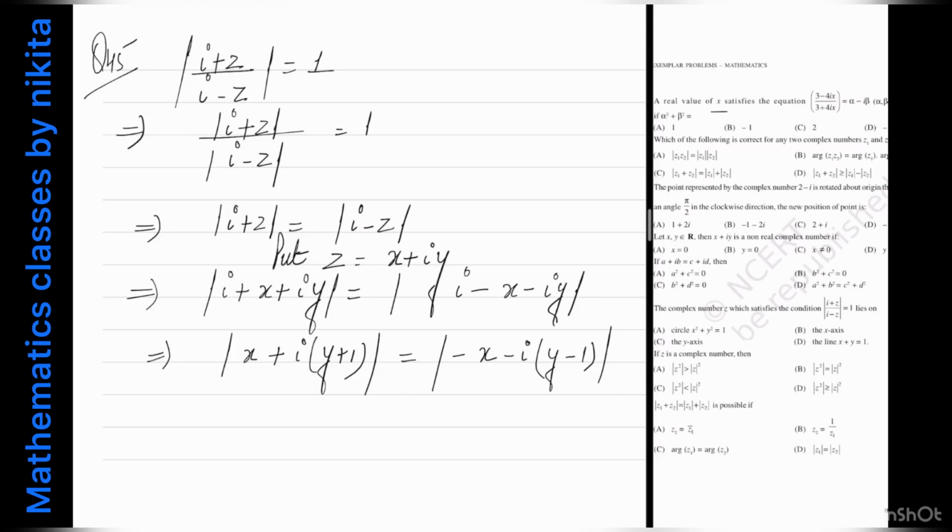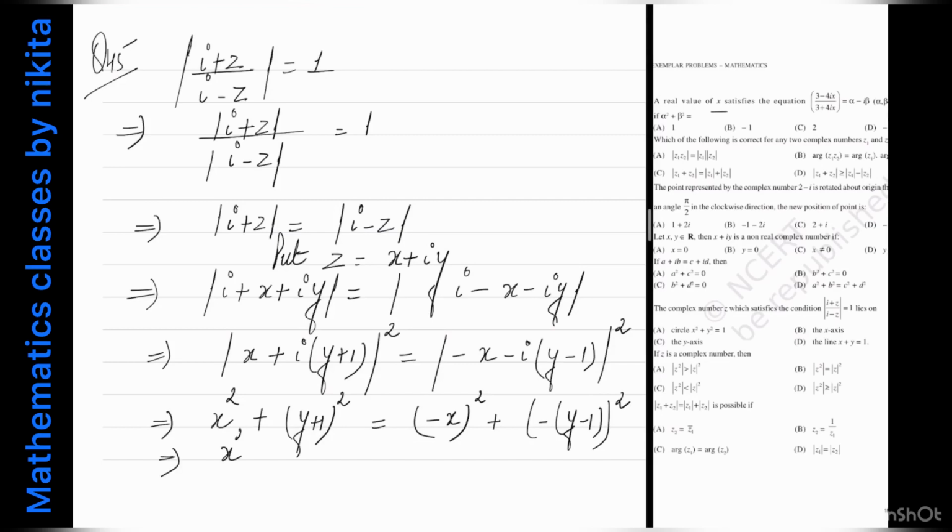Okay, and this will give you what? That the squares are equal, and this will give you what? That x square plus (y plus 1) whole square is equal to x square plus (y minus 1) whole square, and this will give you what?